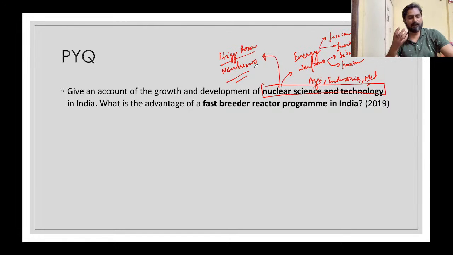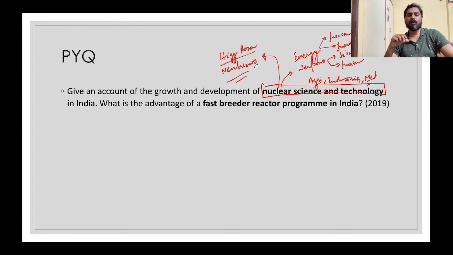So whatever is inside the nucleus, you should understand. So inside the nucleus there are neutrinos also. Bosons are force carriers, so you have to understand what is a boson, what is the Higgs boson, what are W and Z bosons, and how India has contributed to this. So you have to mention those things also.